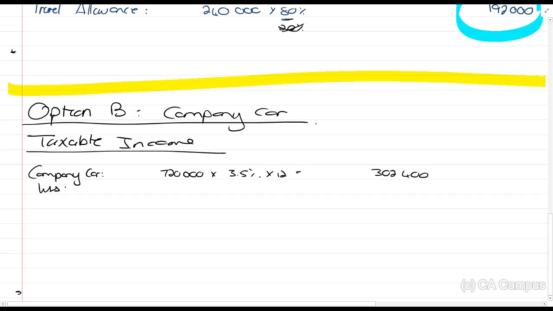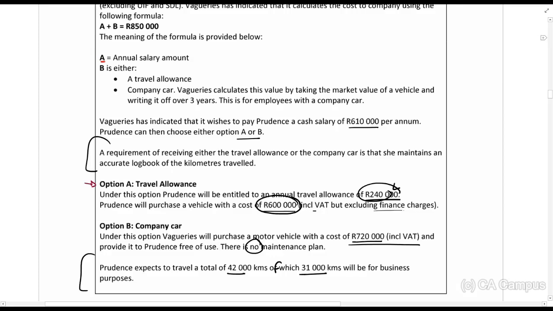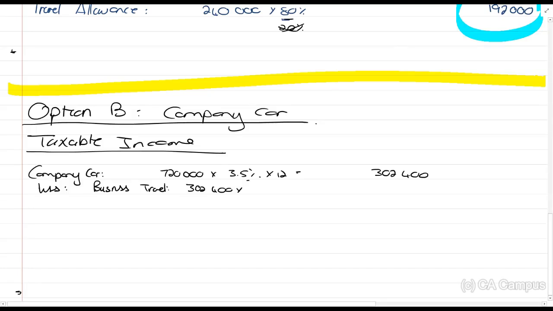From that, we deduct less our business travel. So it's 302,400 times 31 over 42. Okay, gives us 79,200.